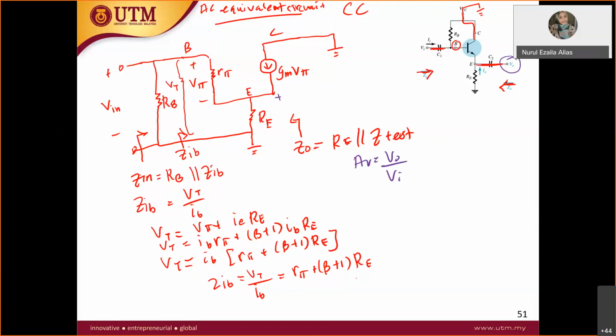Can I say V out is voltage across RE? Yes. All right. So I want to find the AVOC since there is no RL. So AVOC equals V out over V in. Now what is V out?